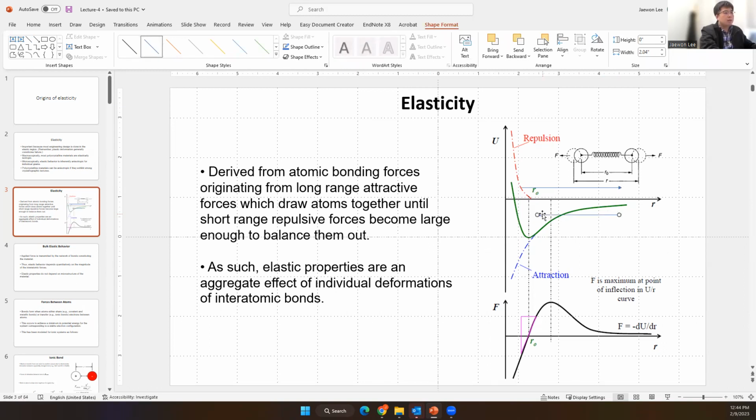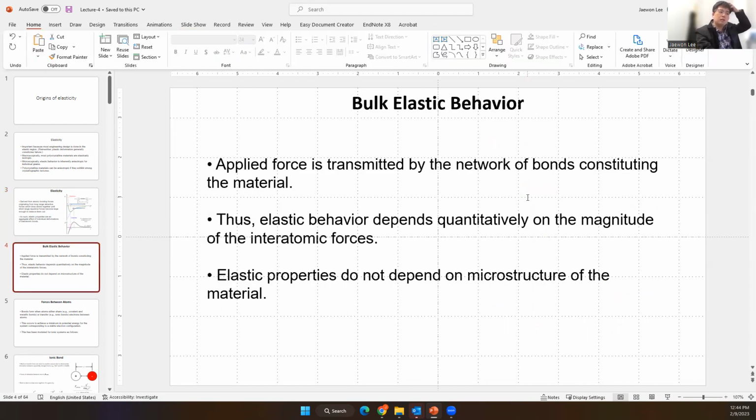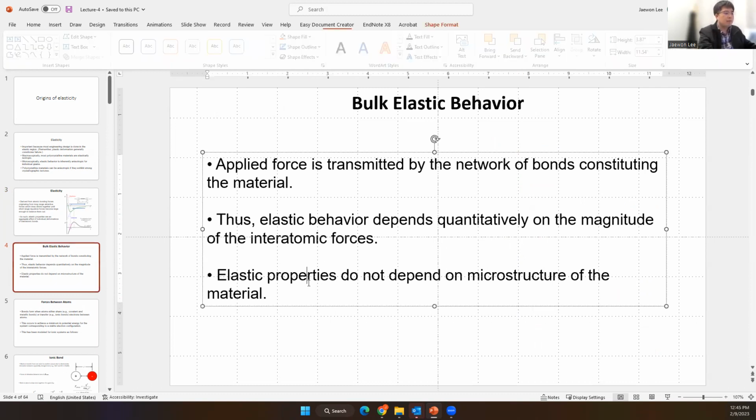Go back. But if the magnitude of the force or energy changes, the elastic behavior can depend on it.